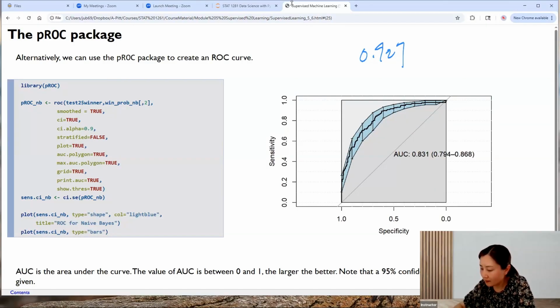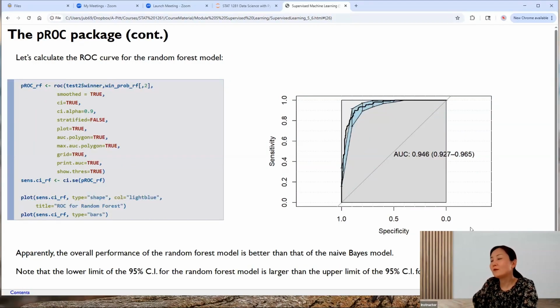The upper limit is 0.868, right? So this means the random forest model is significantly better than the naive Bayes model. And it's always better, almost always better. But comparing the area under the curve.